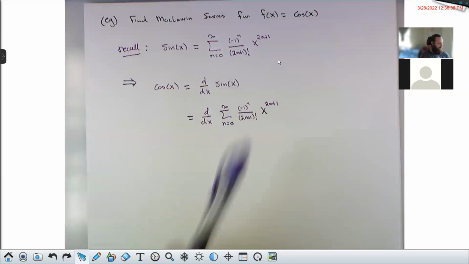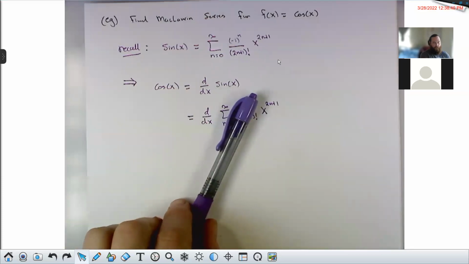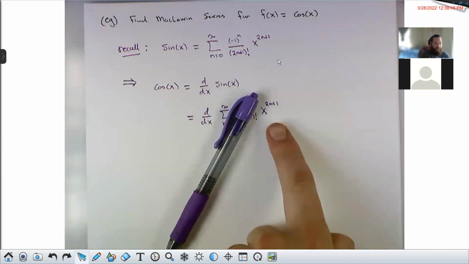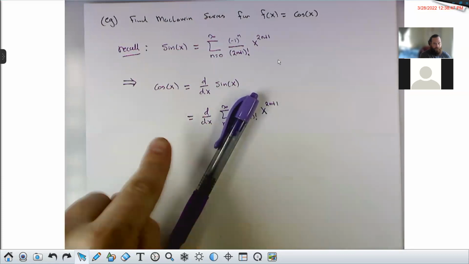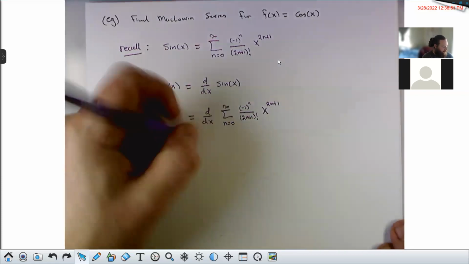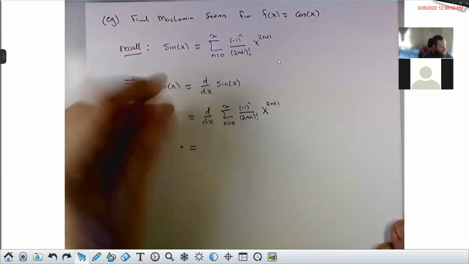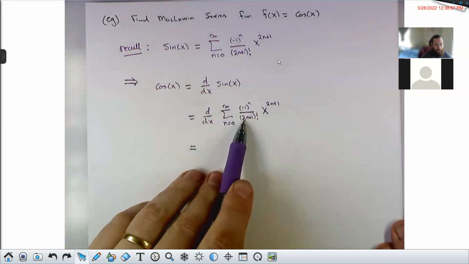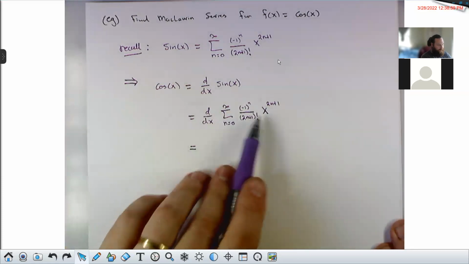So if I'm going to come in here and take the derivative of this thing, remember the derivative doesn't see any of the n stuff. It just sees x's. The derivative is a d dx derivative. So I don't differentiate the -1 to the n. I don't differentiate the 2n plus 1 factorial. I just differentiate the x.